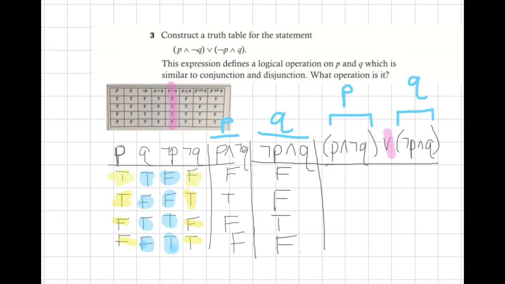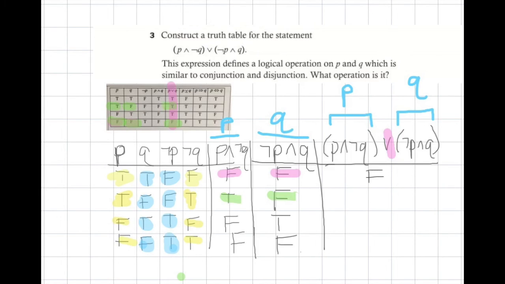Okay, so let's look at our first one. We have false, false. So P or Q, false, false is false. Let me do that in a different color. False, false is false. Okay, next one we have true, false.